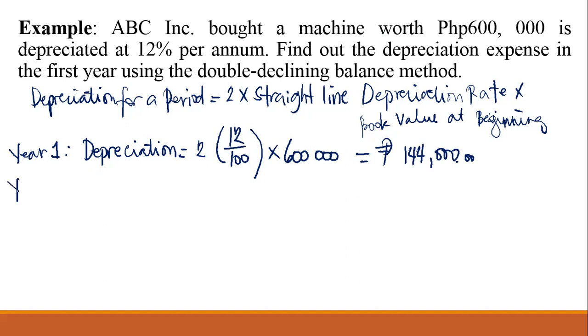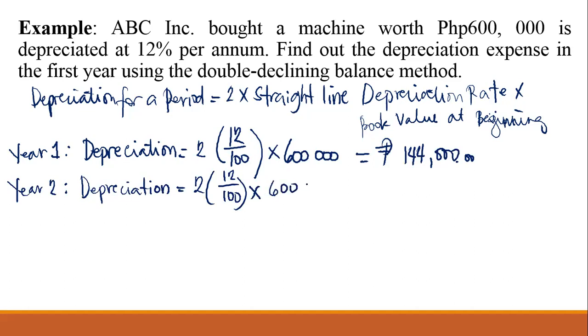So, ayan. So, next is year 2. Year 2. So, gaano kalaki yung pag-depreciate ng machine? So, double declining siya. 2 times 12 over 100 times yung 600,000 minus yung depreciation doon sa year 1, which is 144,000.